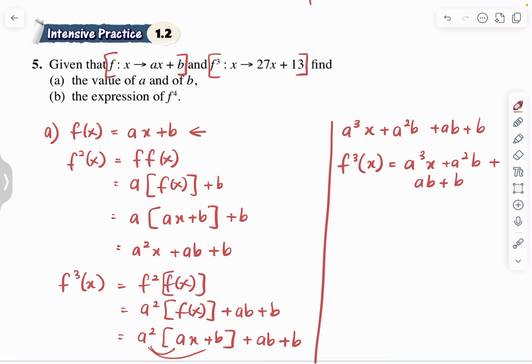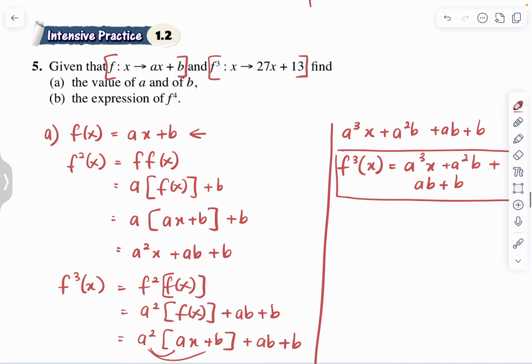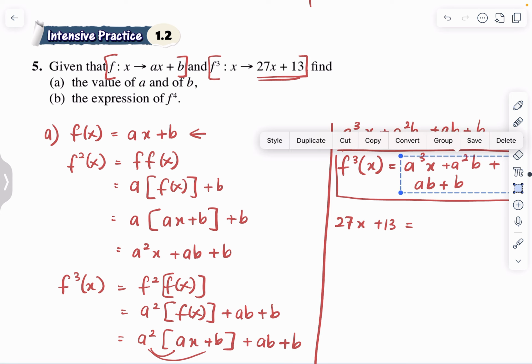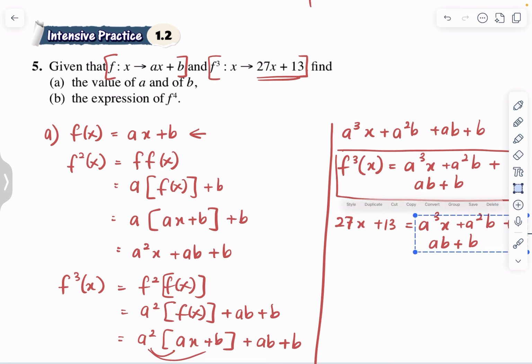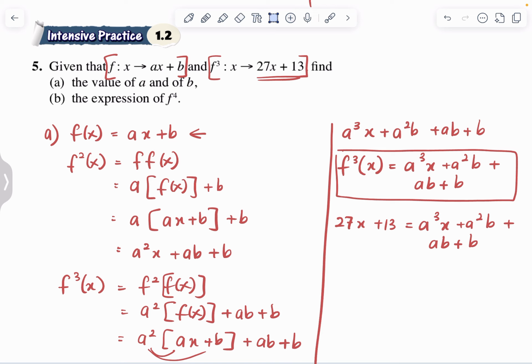Okay, and they gave us the f cubed of x as 27x plus 13. So we can say 27x plus 13 equals to this whole thing. Let's move this here. Okay. So now we have to compare.